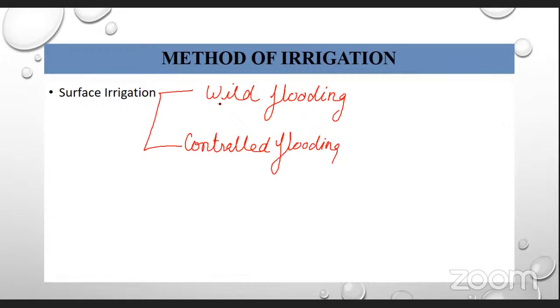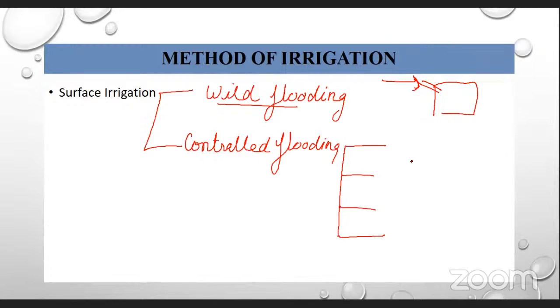In wild flooding, we are not controlling the water. This is the field, and maybe through a pipe we allow the irrigation. We are not going to manage or control that irrigation. That is known as wild flooding. And controlled flooding is again divided into four categories.